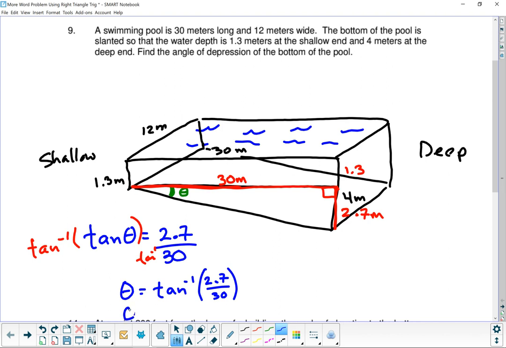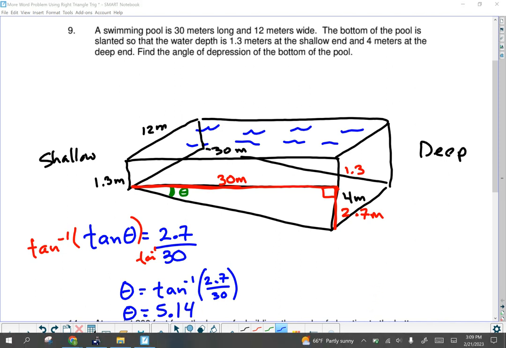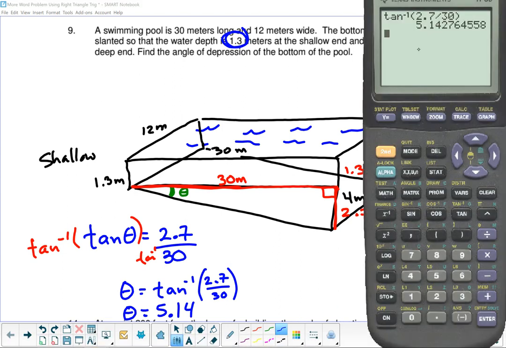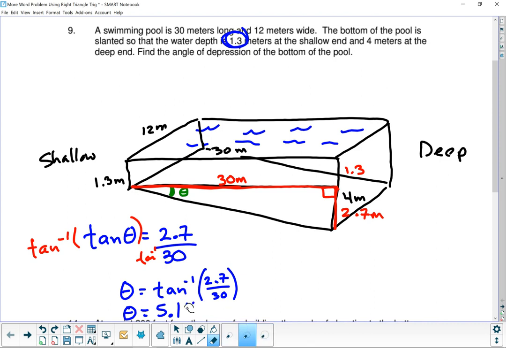So theta equals 5.14. If you want more numbers, you can put more numbers. But I'm going to go ahead and stick with 5.1 because the worst number in here is the 1.3, so one decimal place. So I'm going to go ahead with 5.1, excuse me, 5.1 degrees.